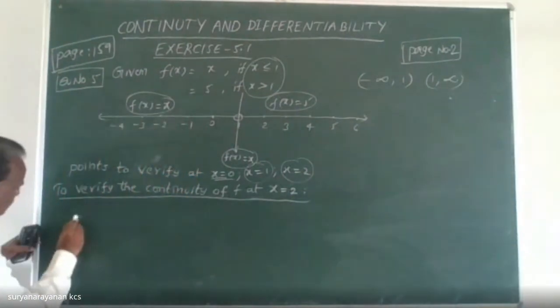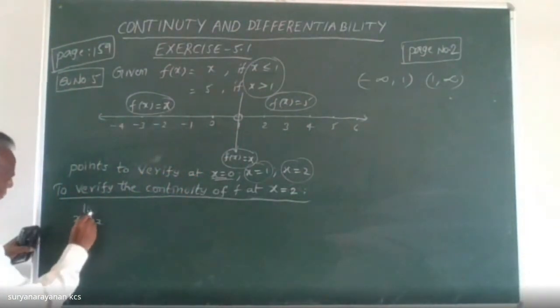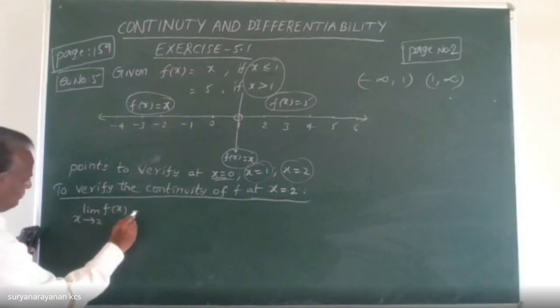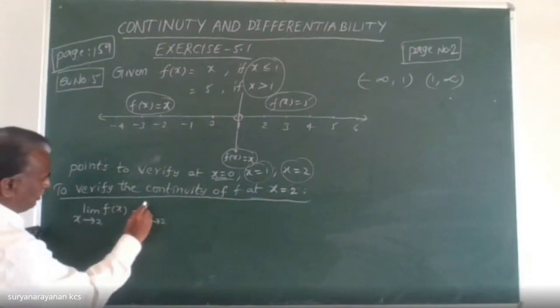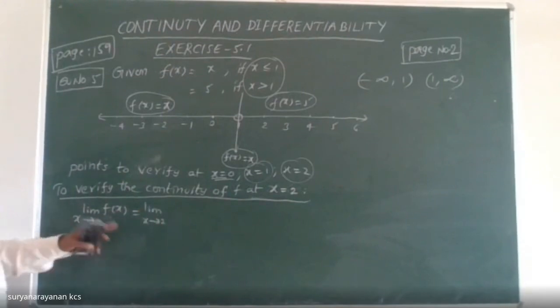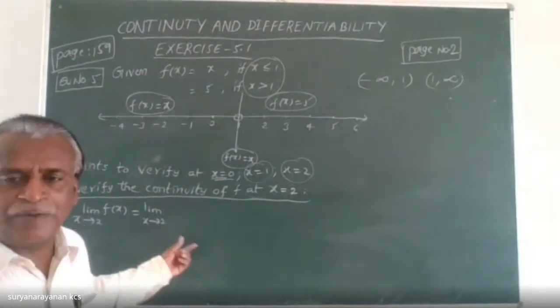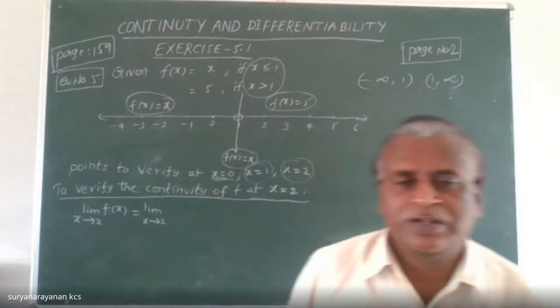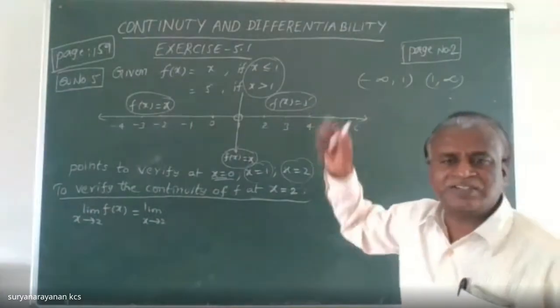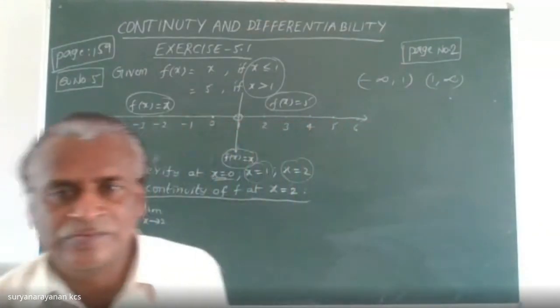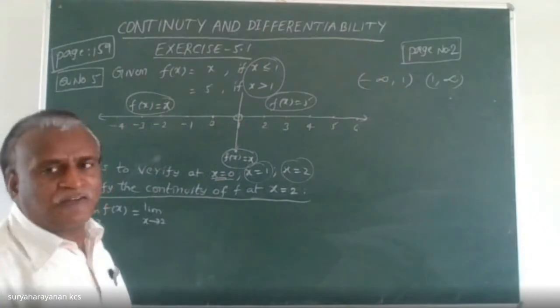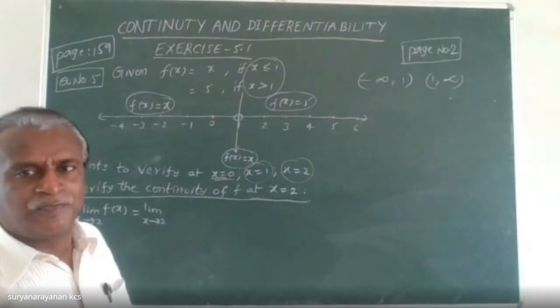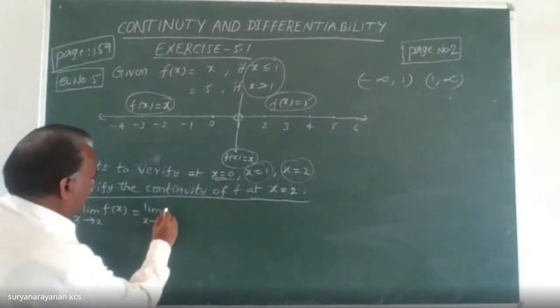So as x tends to 2, limit f of x. Tell me, what is f of x? In which interval is number 2? Sir, 1 to infinity, sir. 1 to infinity. Then what is f of x? 5, sir. 5 only.